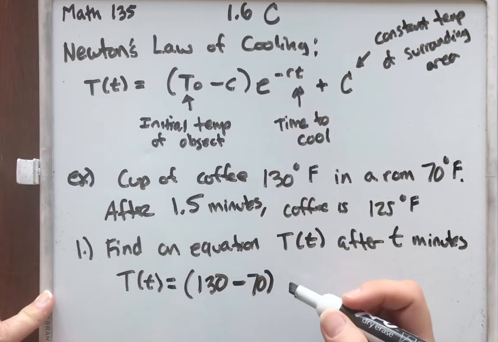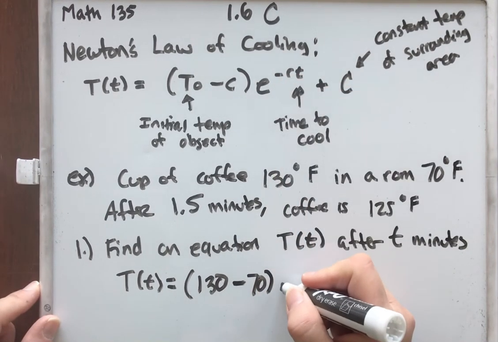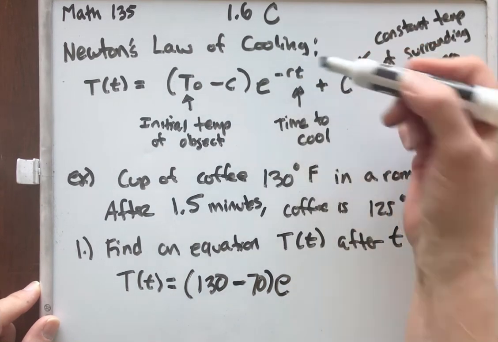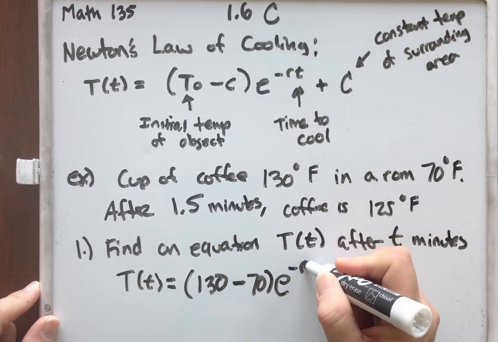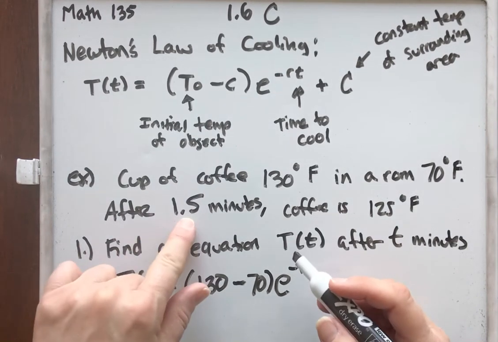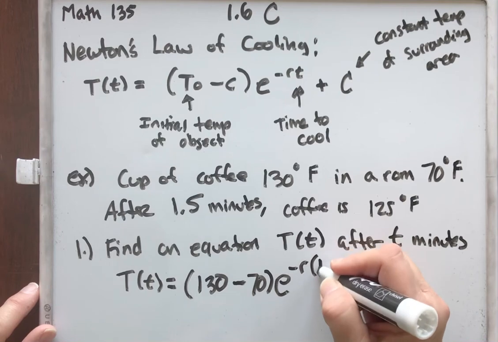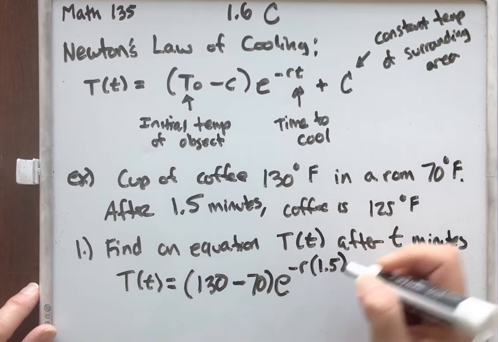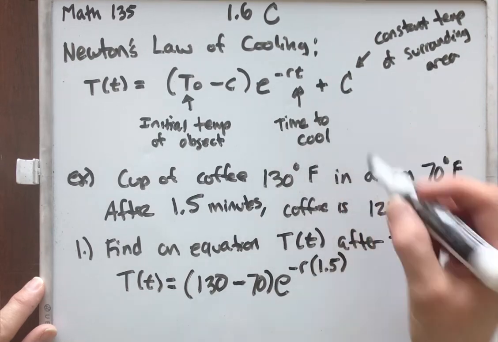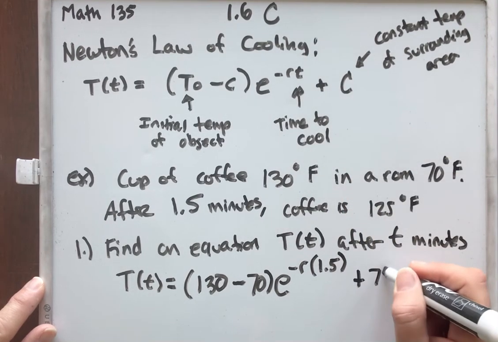We're going to multiply that times e to the negative r. We don't know what that is, so we're just going to solve for r. And t, they told us, was 1.5 minutes. 1.5 minutes goes into t. And then we have plus our constant, plus 70.